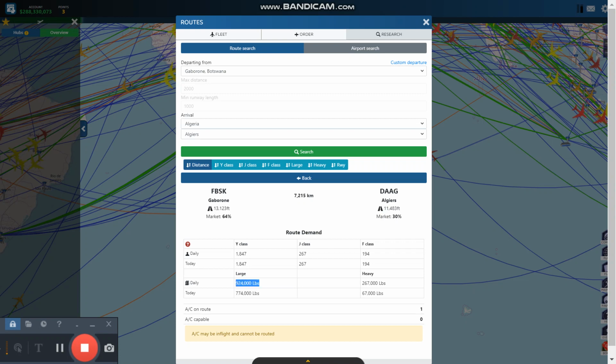So why doesn't it say 600,000 and 891? Well, you're going to say, well, this is the route from Botswana to Algeria. Well, what's the route coming back? So we're going to look up Algiers, which is DAAG.